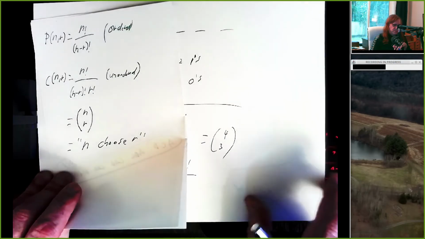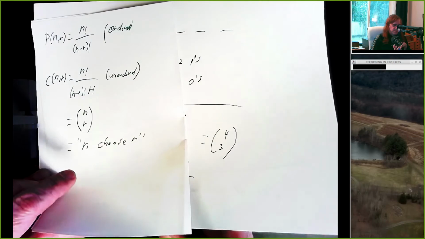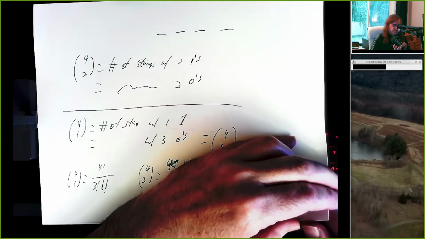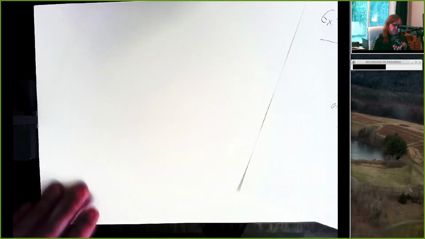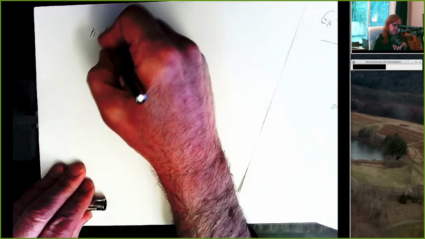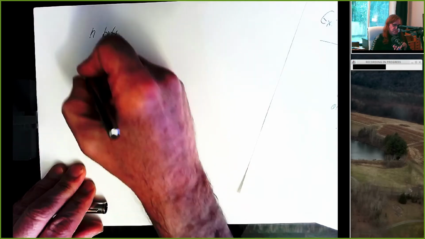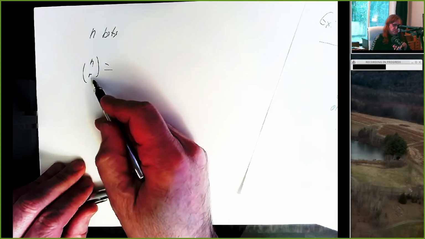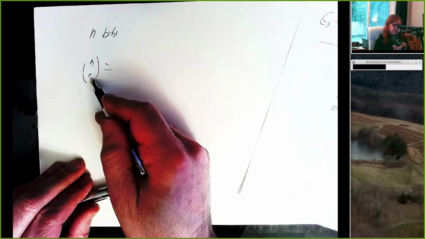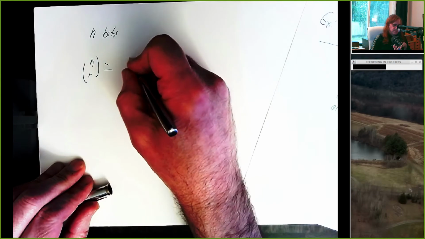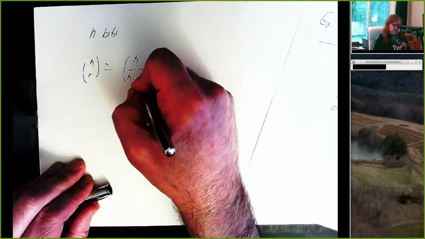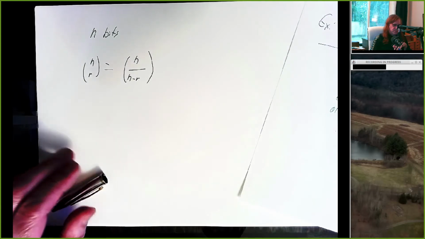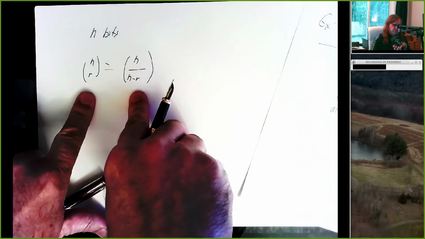From the point of view of a string containing n bits, the number of n-bit strings containing r ones will be the same as the number of n-bit strings containing n minus r zeros. And so this formula is always going to be true.